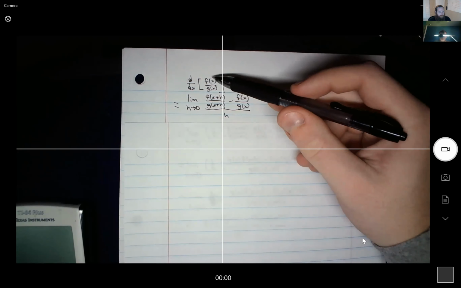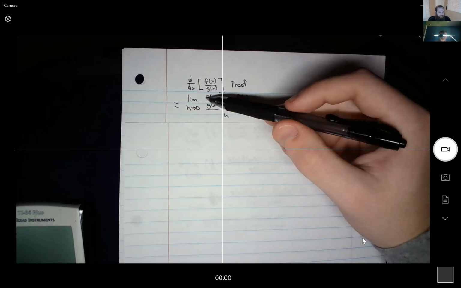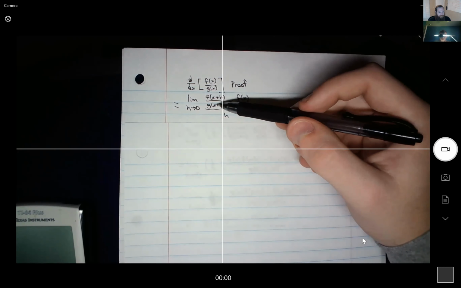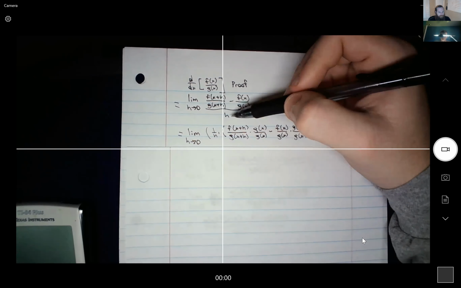So we use our definition of derivative, f of x plus h minus f of x over h, but then instead you plug in f of x plus h over g of x plus h minus f of x over g of x, all over h. Then to make this easier, you factor out the 1 over h.